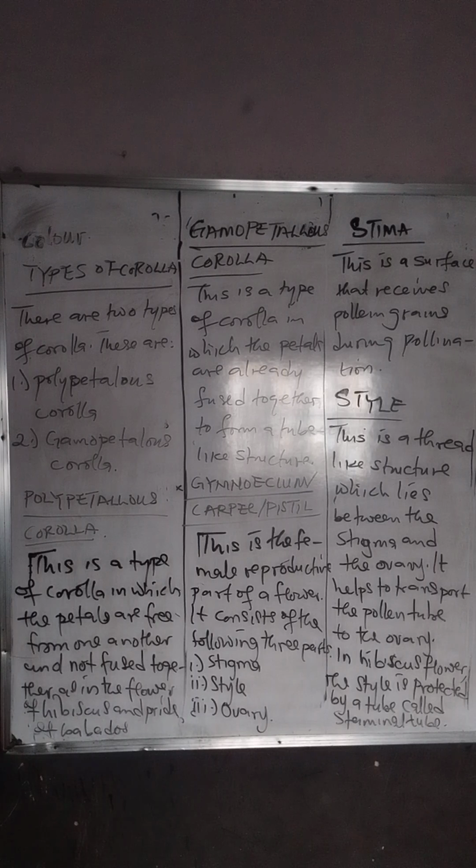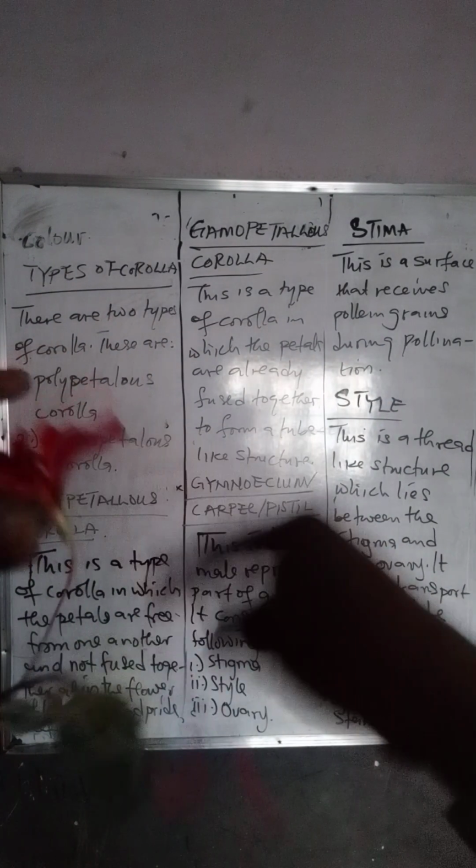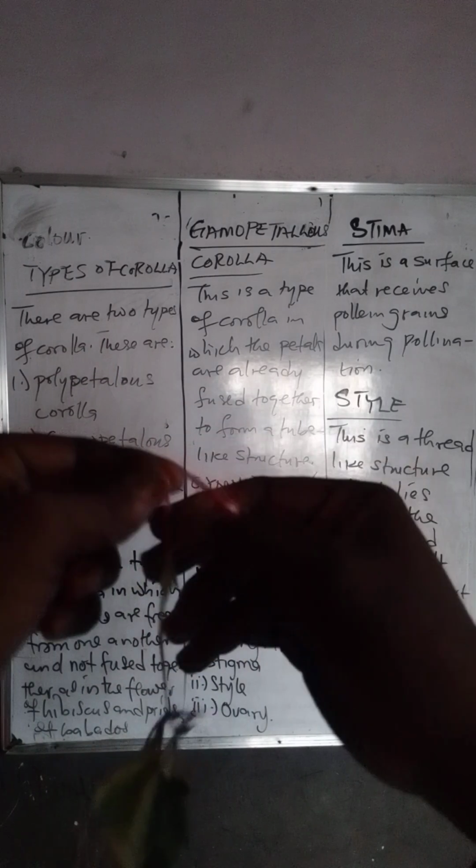But it is not so in the flower of Pride of Barbados. Let me show you what I'm talking about. This is hibiscus. If I detach the parts, then this is the tube. This is staminal tube. If I tear this, you see one white thread at the center. That white thread is the style.